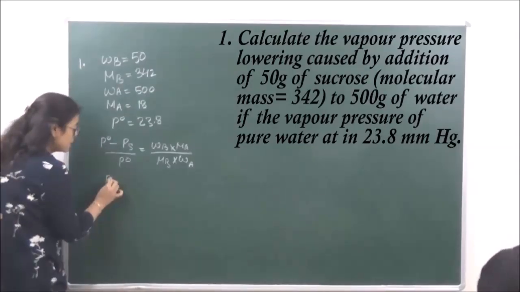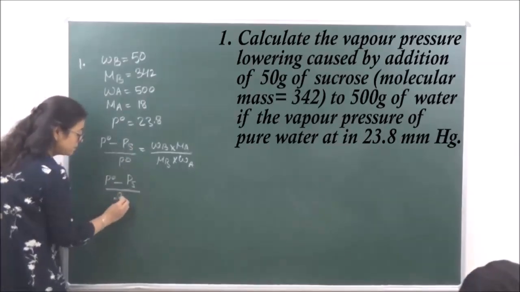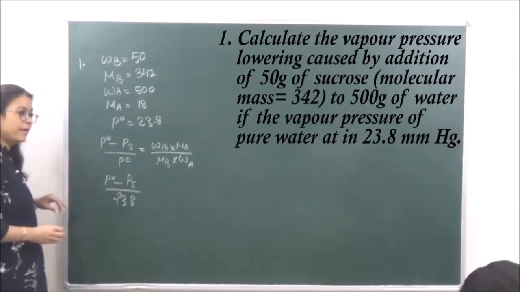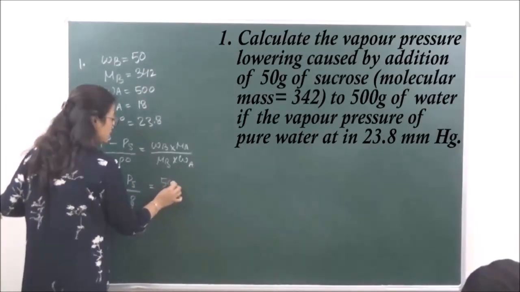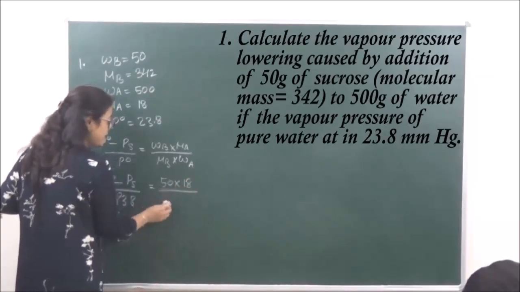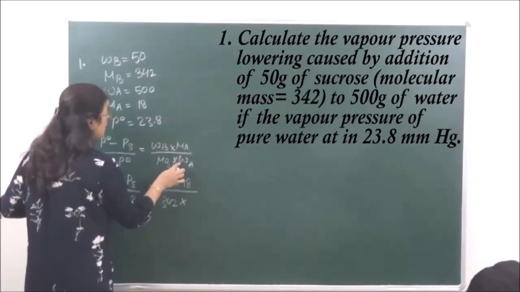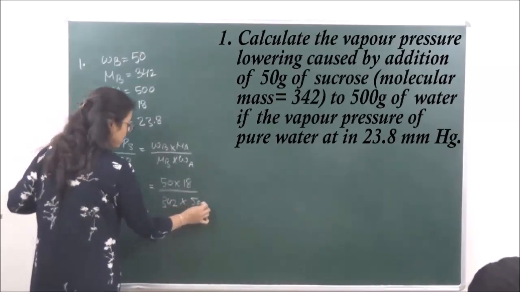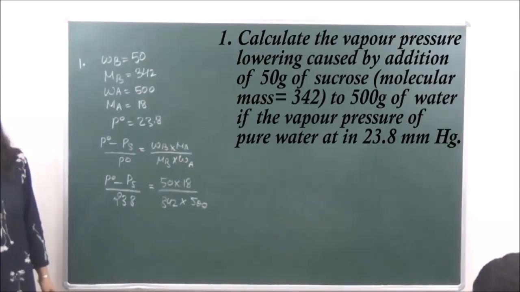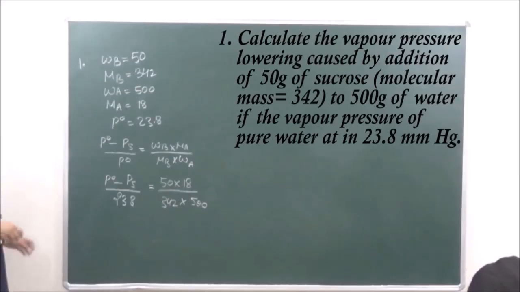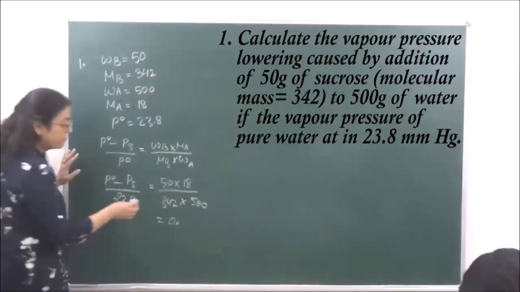So we have (P naught minus PS) upon 23.8 equal to WB, which is 50, times the molar mass of water, 18, upon 342 into the weight given, 500. Now when we calculate this, we get 0.00526.